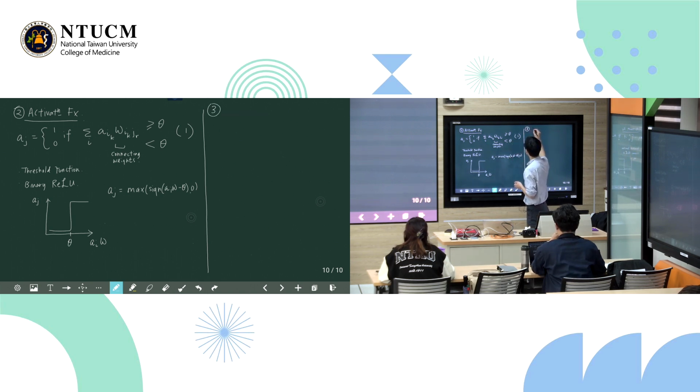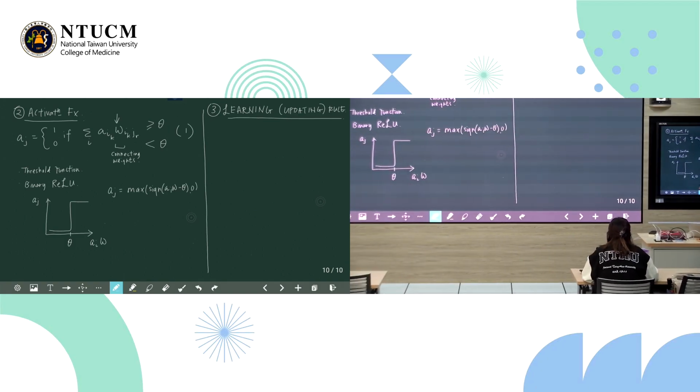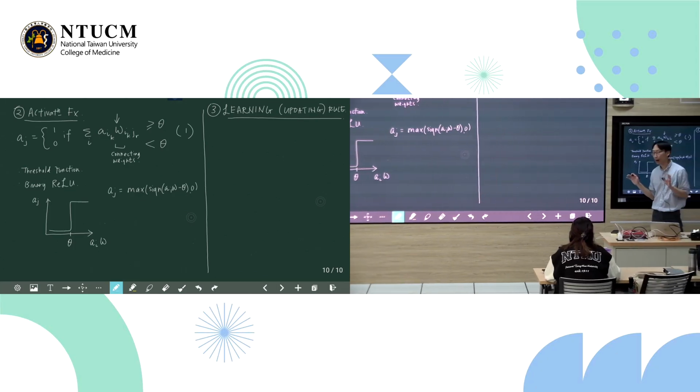Next, and this we haven't done before, and this is the new thing now, is that we also need a learning rule, or the updating rule. To update what? We update the weights, the W's. The activity or the pre-activation state and the activation states, there's no learning or updating to be done.